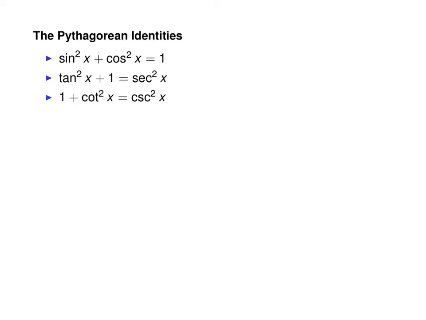What we're going to need for many of today's examples are the following Pythagorean identities. You should have learned these in pre-calculus. Just as a quick review, once you know this one, all the rest of them are consequences of it.